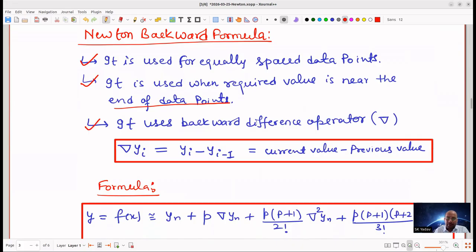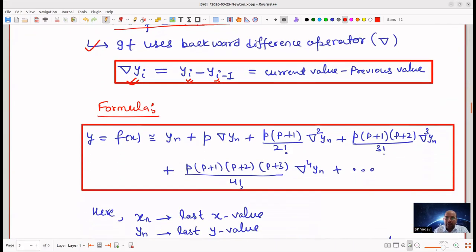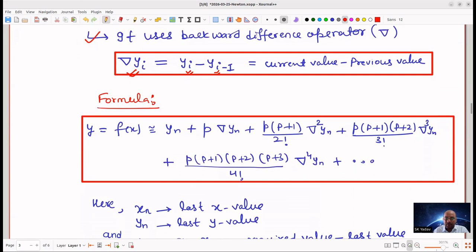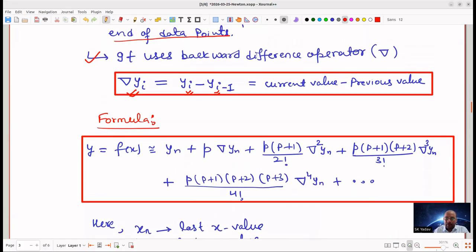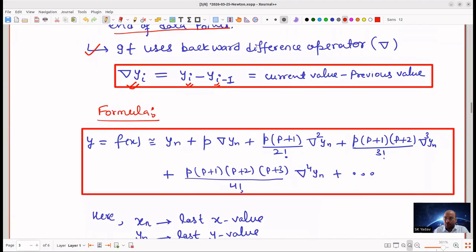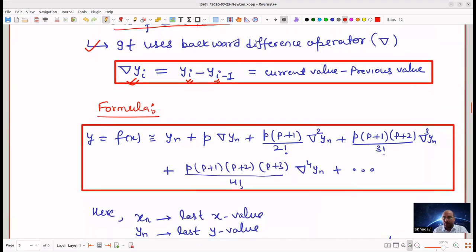It uses the backward difference operator, which is defined as nabla of yi equal to current value minus previous value. As it is defined as current value minus previous, it cannot start from the beginning, because at the beginning I have the current value but no previous value. So in the difference table, you can easily understand the values will be taken from the bottom row.